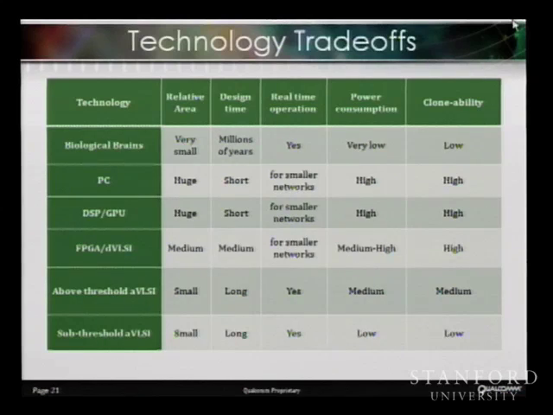How do I transfer it over to a new piece of hardware? Or if somehow this chip learned how to drive a car, then how do you mass produce this thing? So I've called it clonability for lack of a better word. Analog VLSI has trouble in that because there's noise, variations chip to chip, so you can't really clone things very easily. Digital has the advantage there.